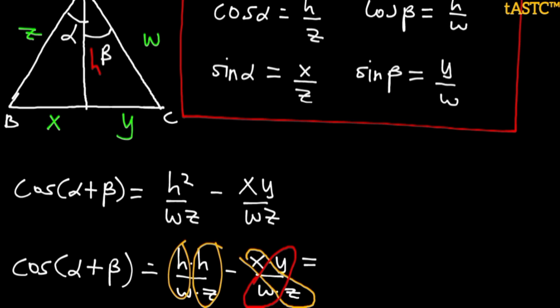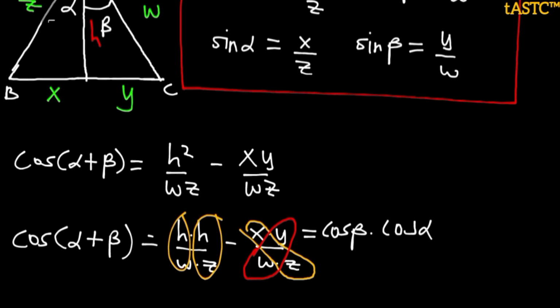So first we have h divided by w. That was written here as a cos beta. So that is going to be a cos beta. That would obviously be multiplied by cos alpha, that is h divided by z. So that is going to be cos alpha.